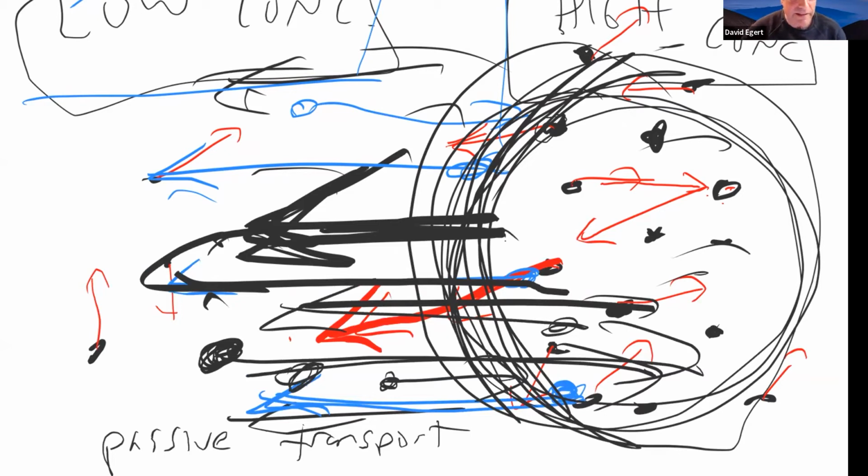So that's diffusion. Let me put osmosis in here really briefly. We're going to look at osmosis in way more detail, but I should introduce it here since it's a special version of diffusion, what we've just talked about. It's a special case of diffusion.